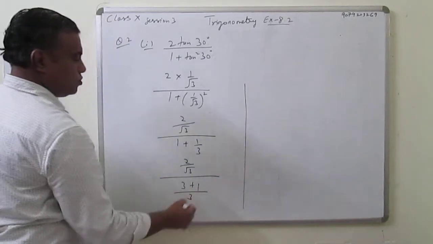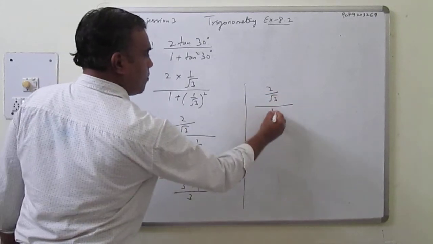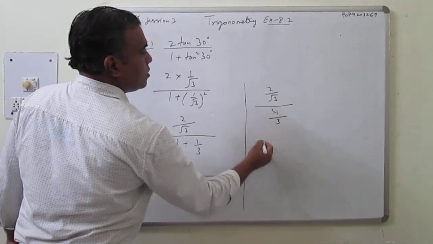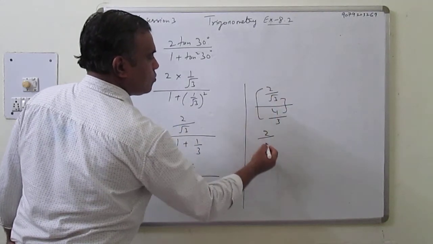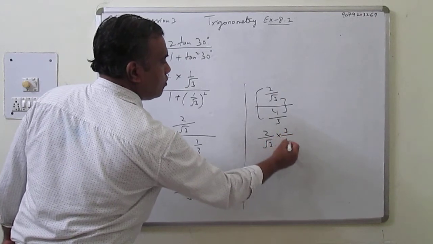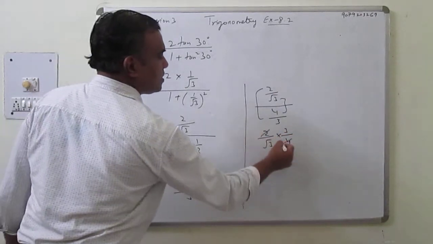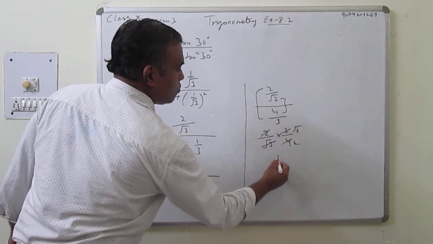So it becomes 2 upon root 3 over 4 upon 3. Multiply the second and third, and first and fourth. So 2 upon root 3 into 3 upon 4. So 2 will cancel out and this will cancel out.